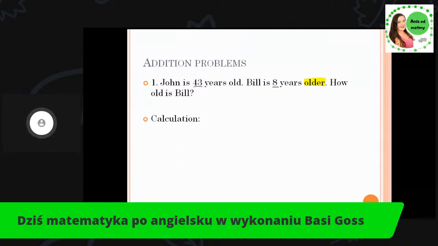So what's going to be our calculation? How are we going to use the numbers and what are we going to do with them to solve this problem? Please write your calculations in your comments so I can see and check who has calculated correctly.